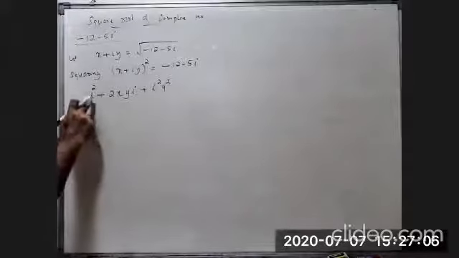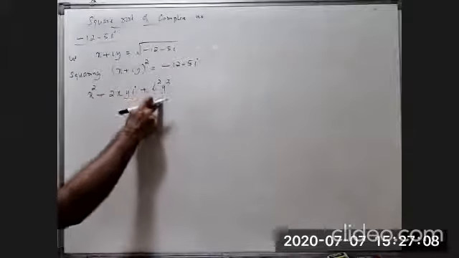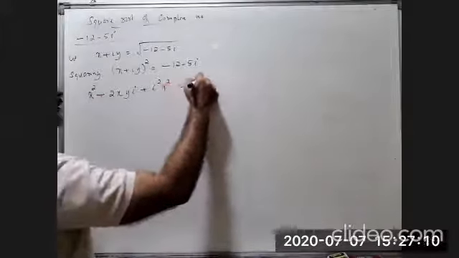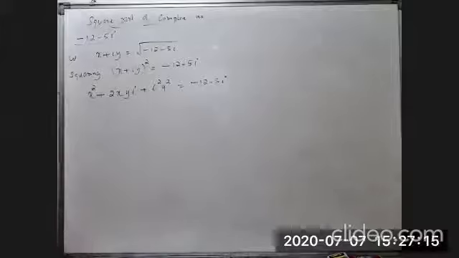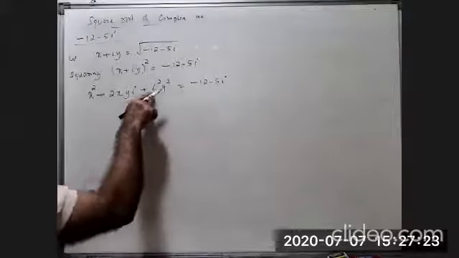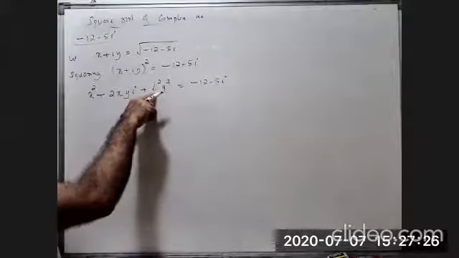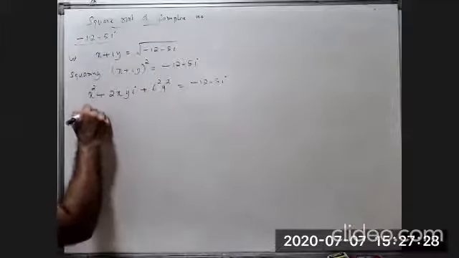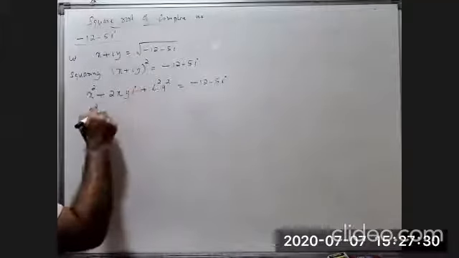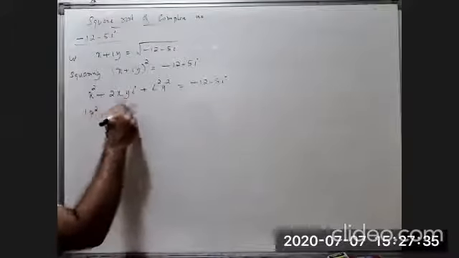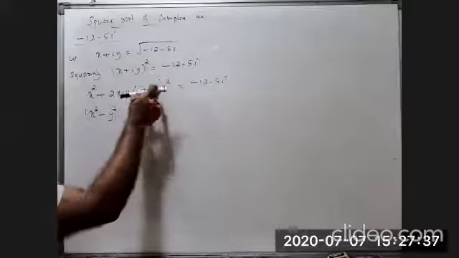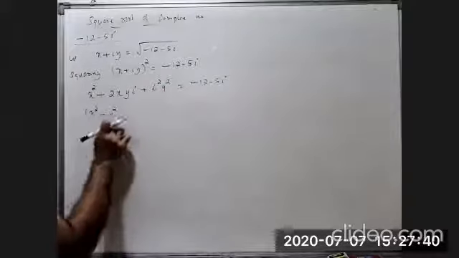The right hand side remains as minus 12 minus 5i. I square is minus 1, so this is x square minus y square, because i square is minus 1. That is the real part.